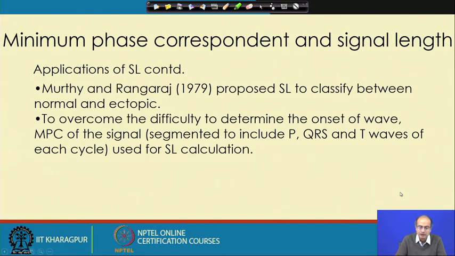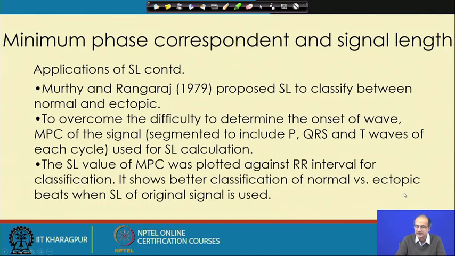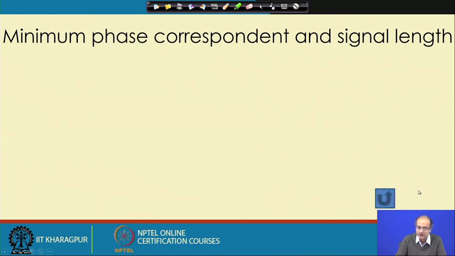Murthy and Rangaraj suggested a technique where they looked at the part from P to T wave, and they suggested using the MPC.